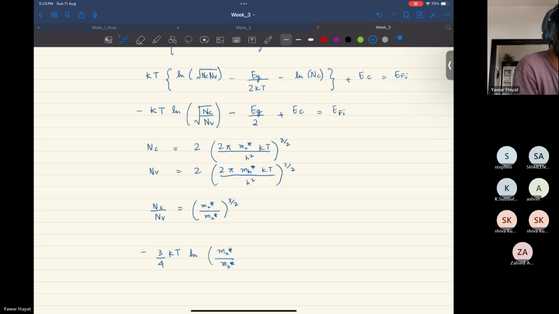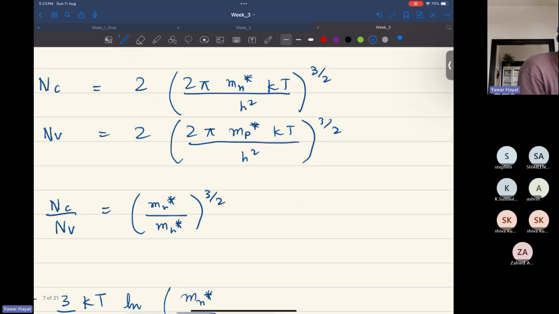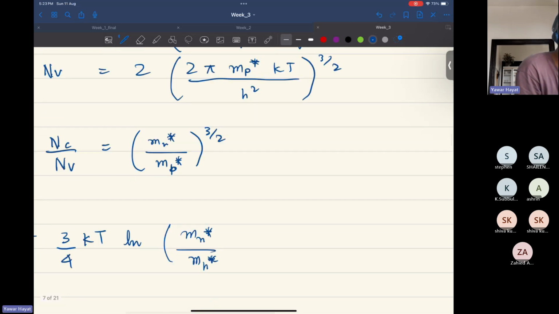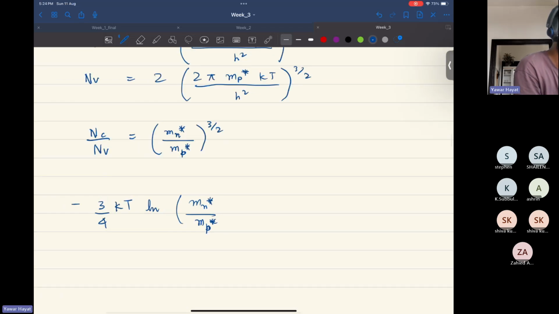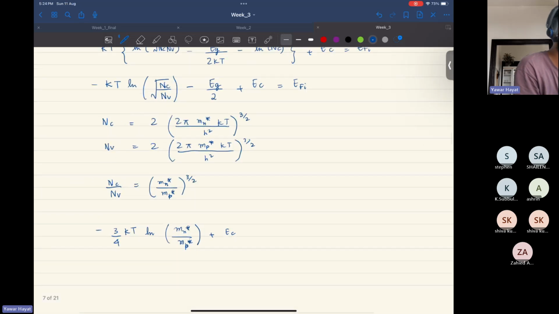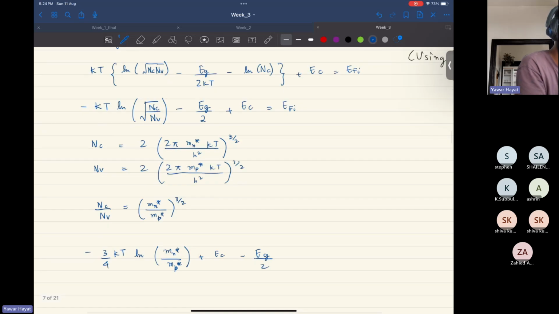Let me denote this by P, since I'm not using E here, I'm using N. So let this be P for hole. Okay, I'm done. So then let me complete the expression. This is plus EC minus EG by 2, and this is your EFI.